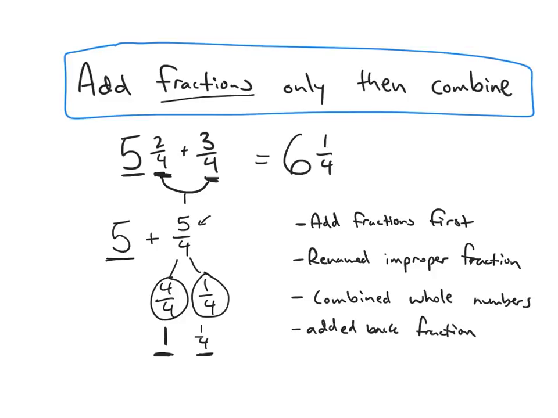So adding the fractions first to get 5/4, renaming the improper fraction, or I guess renaming is probably not the best. Maybe decompose is a better word, because we broke it apart. Decompose 5/4 into 4/4 and 1/4 so that we have 1 whole and 1/4. Combine my whole numbers 5 and 1 to get 6 up here, and then add my leftover fraction 1/4 to the whole number to create a mixed number answer. So that's one of the strategies we can use to add a fraction to a mixed number.